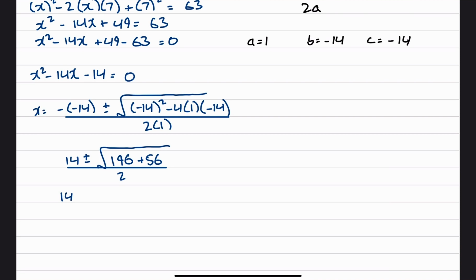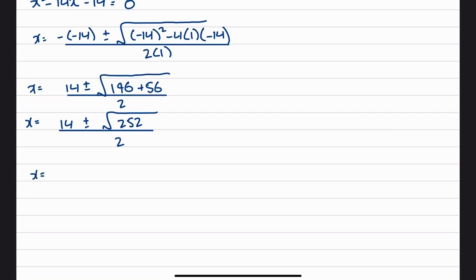So x equals 14 plus minus under root 196 plus 56, which is 252, over 2. So the two answers I have are x equals 14 plus under root 252 over 2 and x equals 14 minus under root 252 over 2.